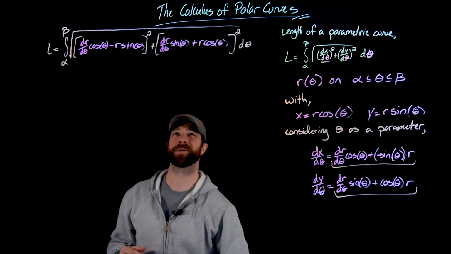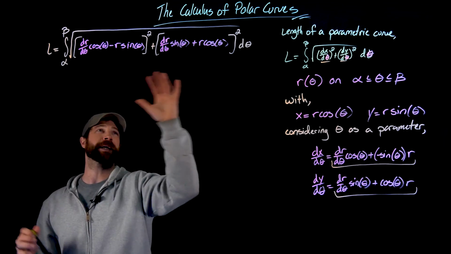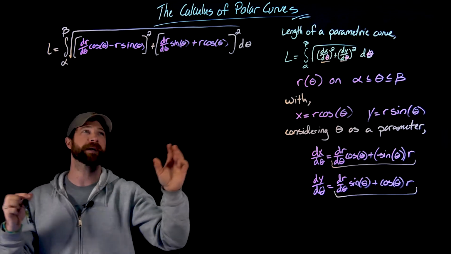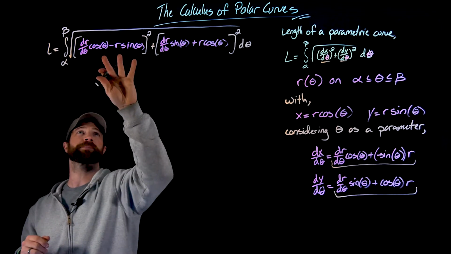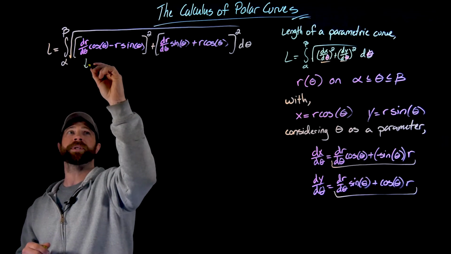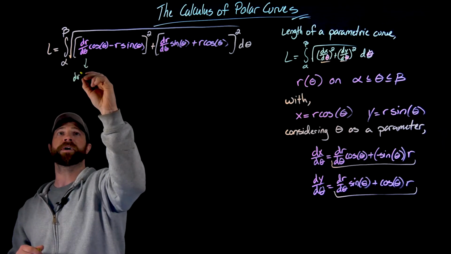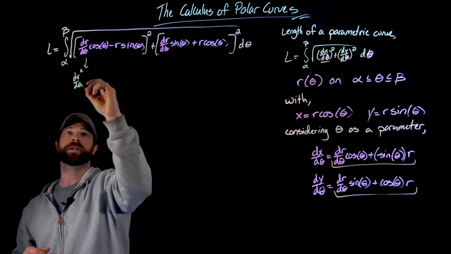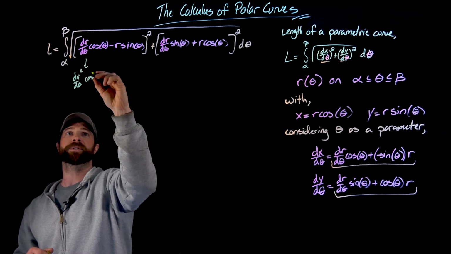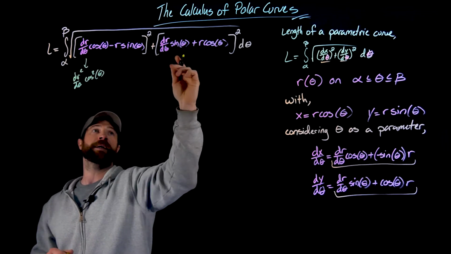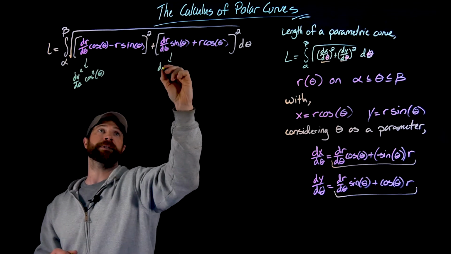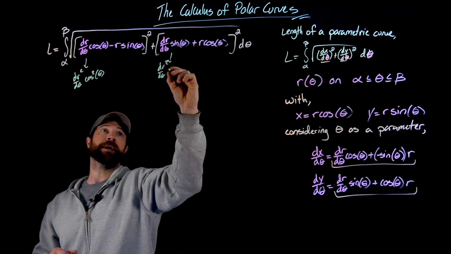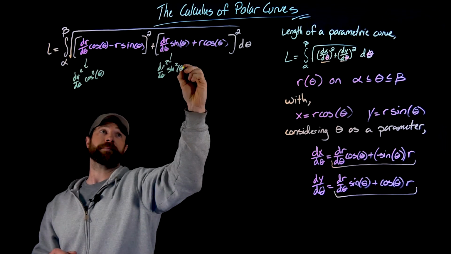Now I'm not going to do all of this work to FOIL these out and see all the terms, but I'll describe what happens real fast. When you multiply this out, the first term is dr d theta squared times cosine squared of theta. Here, you get the same thing, dr d theta squared times sine squared of theta.